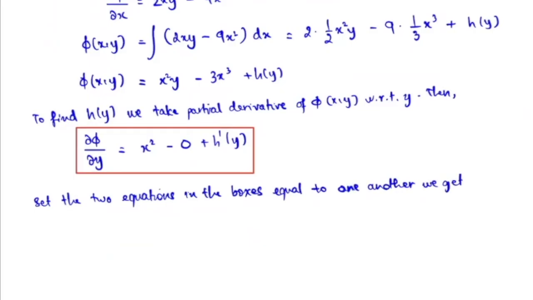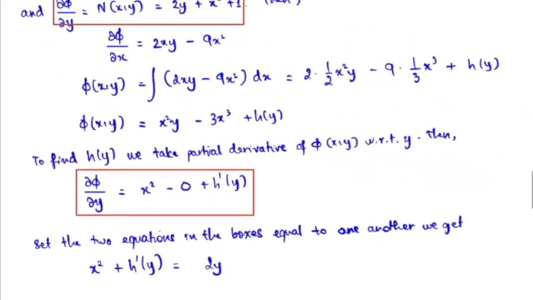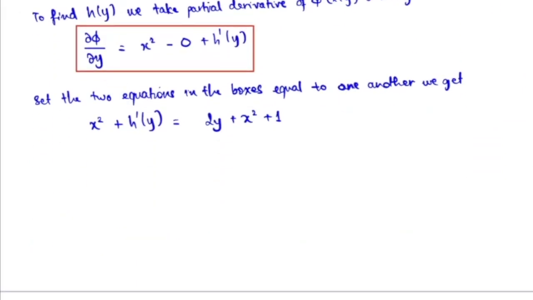We get that x squared plus h prime of y equal to 2y plus x squared plus 1. So now you can find h prime of y, and from h prime of y you can integrate to find h of y. So you cancel out the x squared on both sides of the equation, and you are left with h prime of y equal to 2y plus 1.